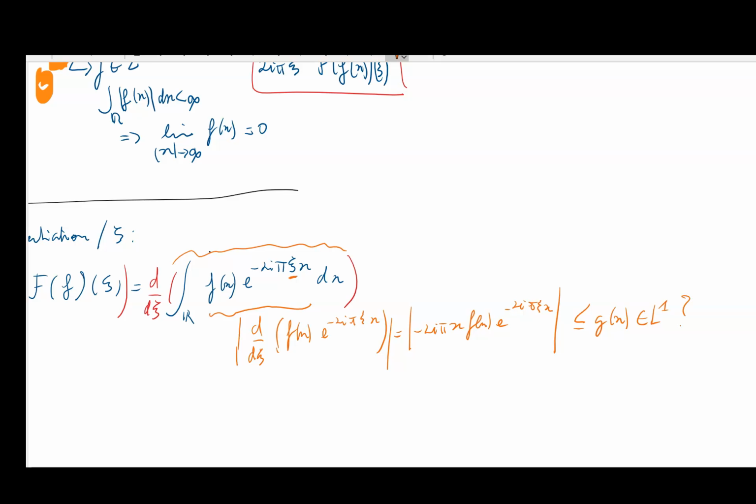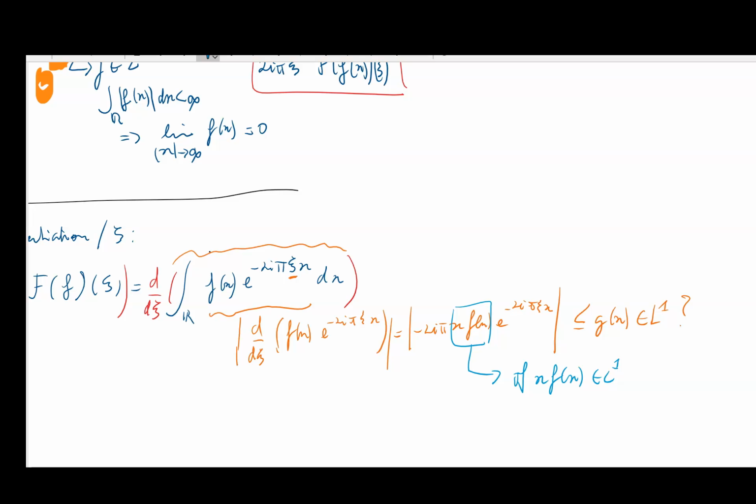Can we find that? When we don't know about our function, we only know that f is in L1. We need to assume that x times f of x is in L1, and of course that's going to work. It's the same majoration as the one we used earlier.